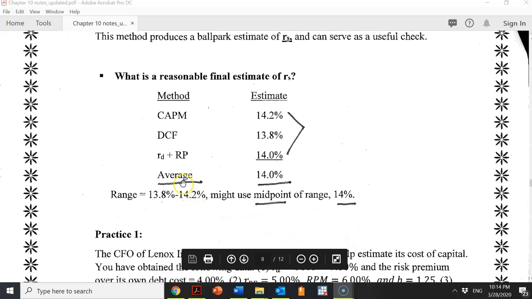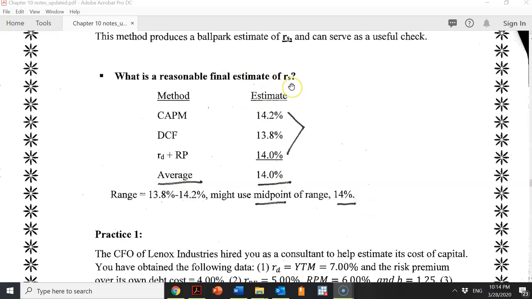So we can use the average or the median here, 14%, as the final estimate of cost of common equity. In a word, we have three methods for calculating cost of common equity, and after that, you can take the average or median as the final estimate.